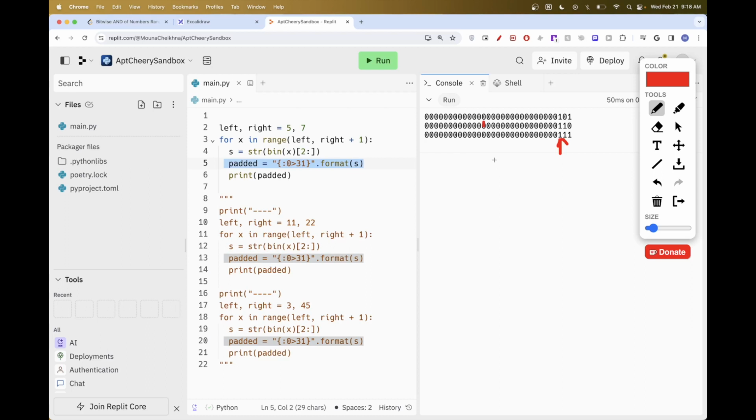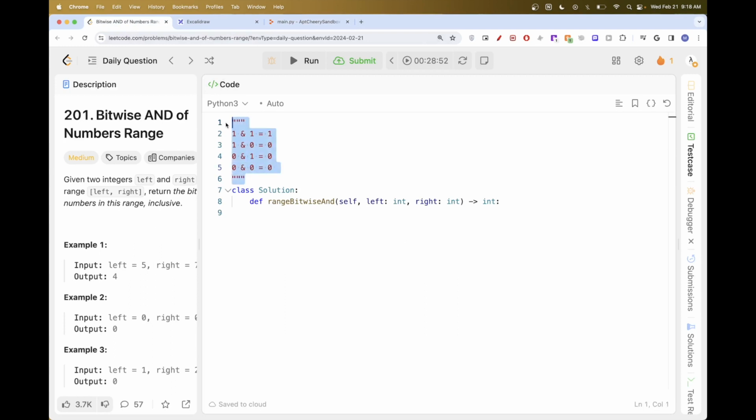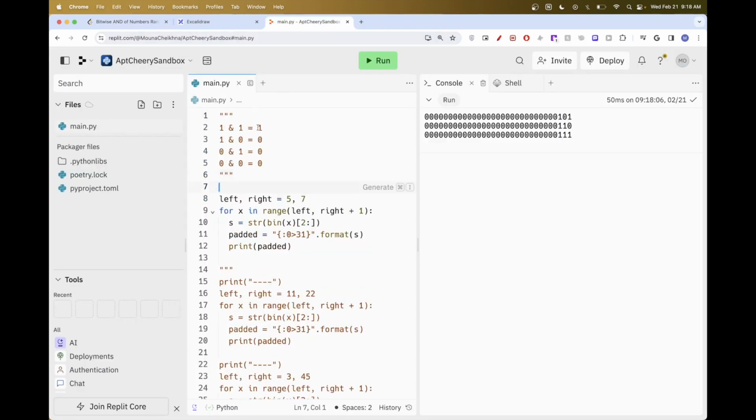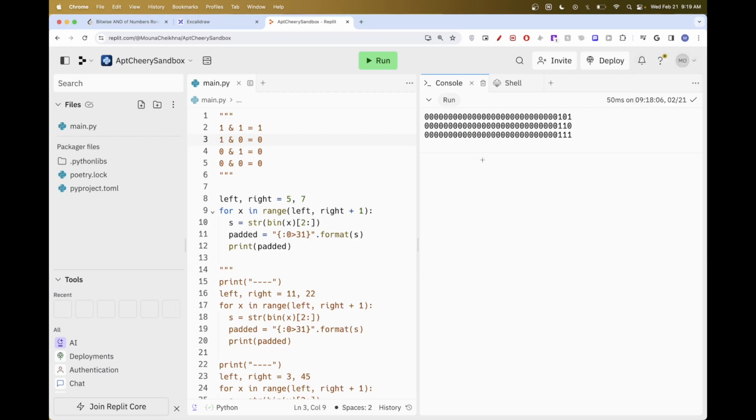Also, remember that in AND, all that matters to get a 1 is that both are 1s. So you can't have a 1 here if you don't have a 1 here, at least in the bigger one.